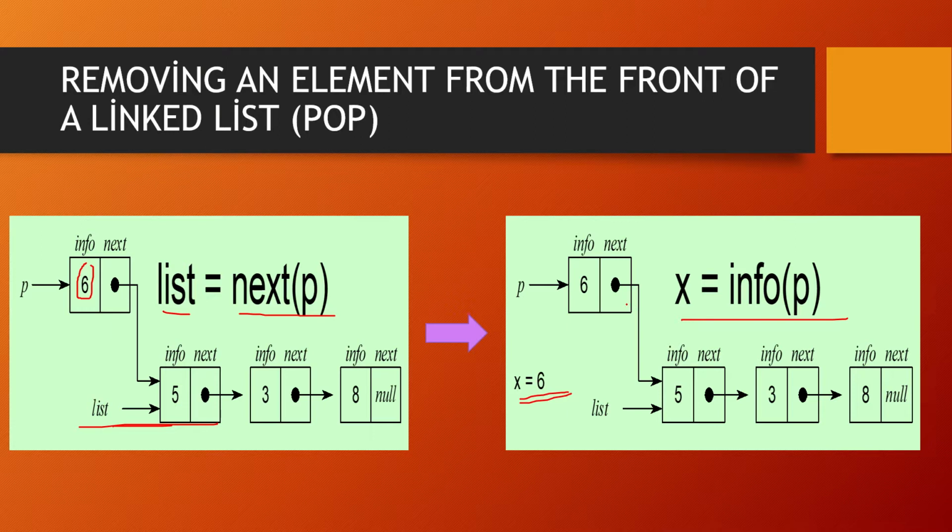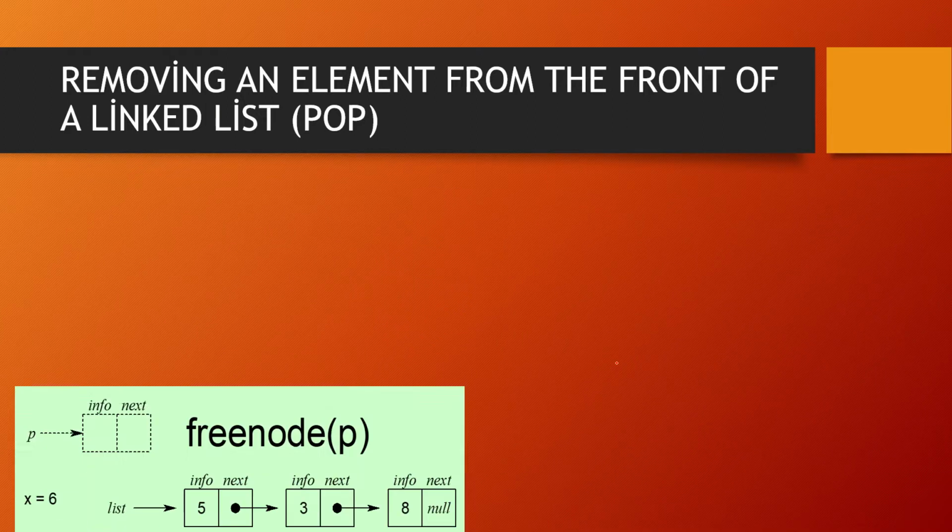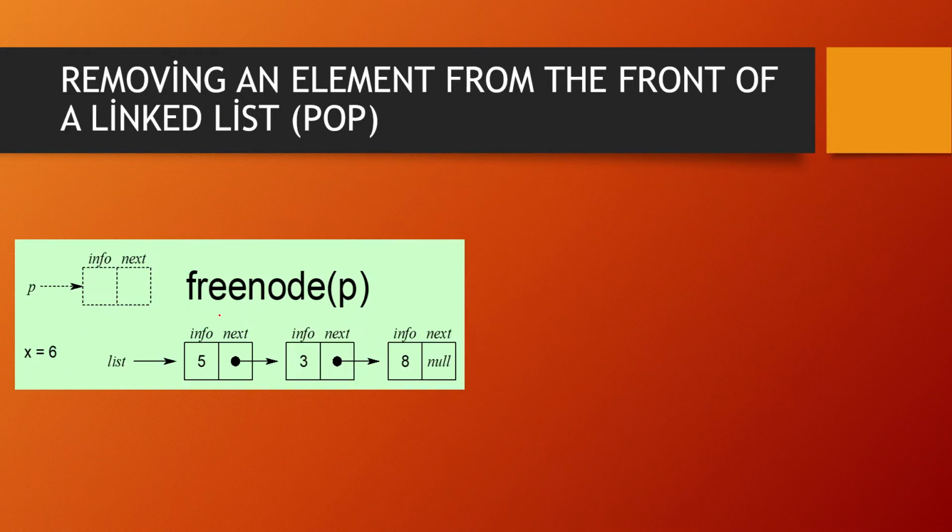Next, we call free node p. Free node p returns this node back to the available list. List starts pointing to this node, and x we return to the main function or the calling function.